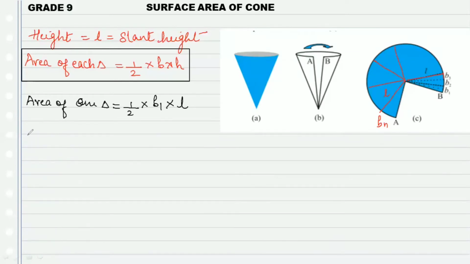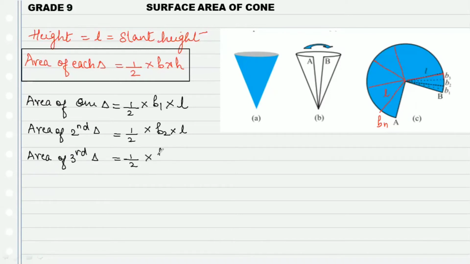Similarly, if we keep on finding the area of triangles, the area of the second triangle will be half into base 2 into L. Similarly, the area of the third triangle will be half into base 3 into height, that is, slant height.